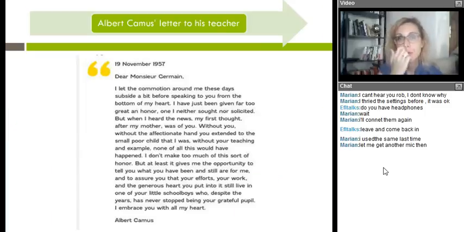And before I leave you, I'd like you to take a look at this letter that Albert Camus wrote to his teacher after Camus was awarded the Nobel Prize. And I'd like to say that teachers are central to the learning process and, of course, to the topic of classroom management. The teachers are the ones who make the lesson worthwhile.